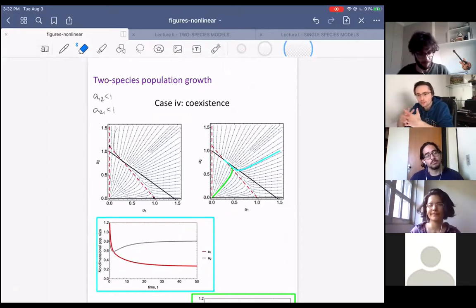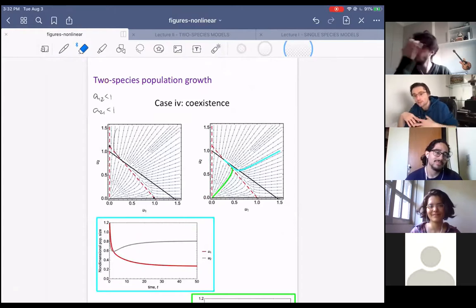Or in terms of intra and interspecific competition, I need intraspecific competition to be stronger than interspecific competition, which makes sense. If I want to coexist, then I need to fight with my rival. Well, depending how you define rivals. Here, everyone is a rival. I have to compete with other species more strongly than with my own cells, or cells from my own species, to be more precise.